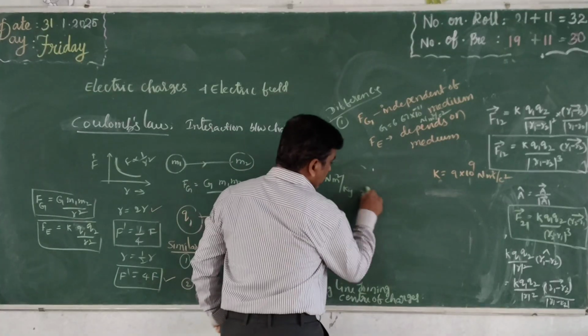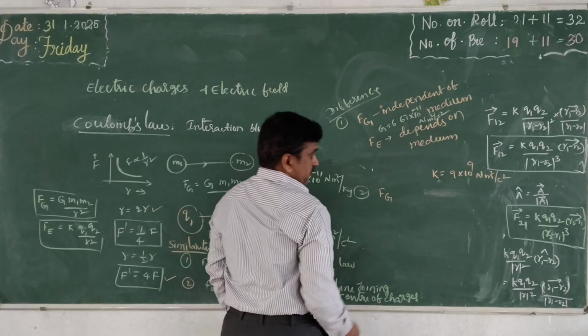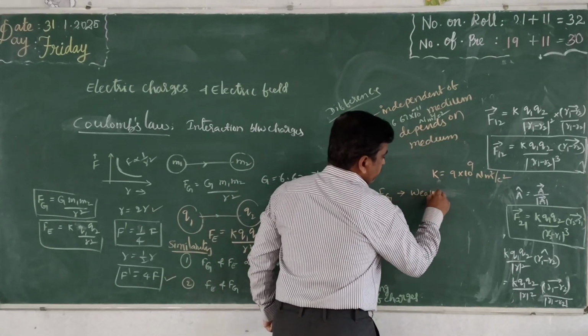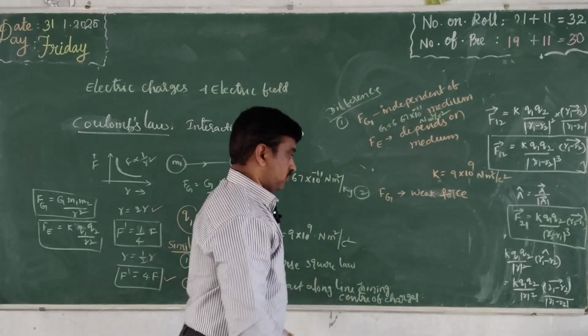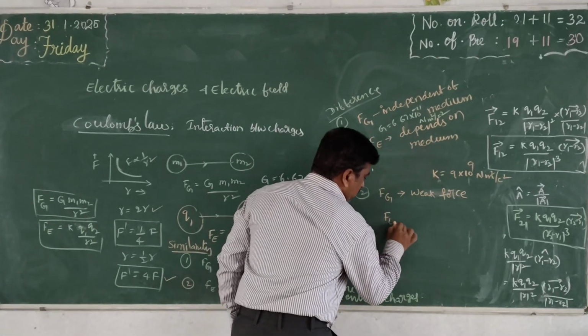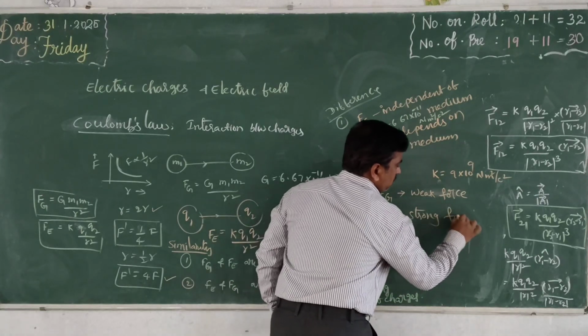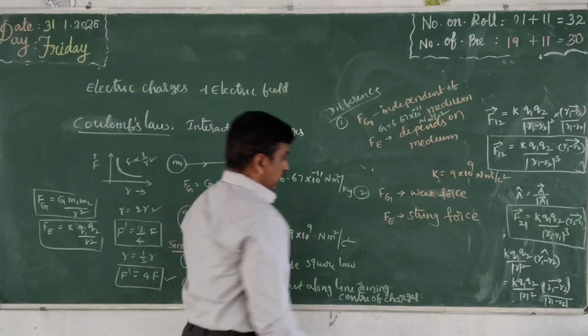Second difference: gravitational force is a weak force, meaning a small force. Electrostatic force is a strong force, meaning a bigger force.